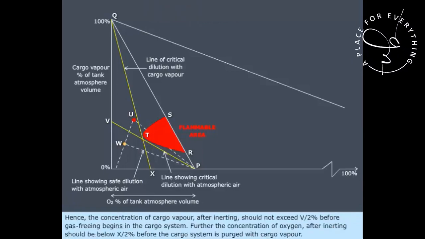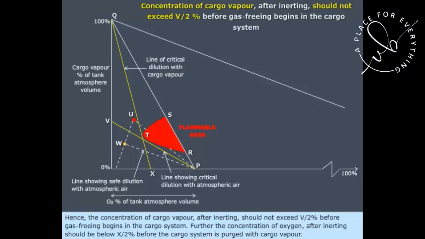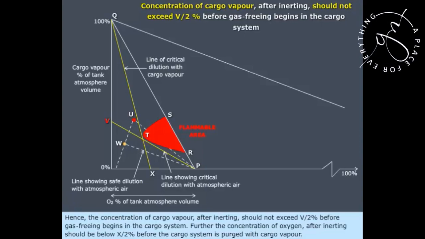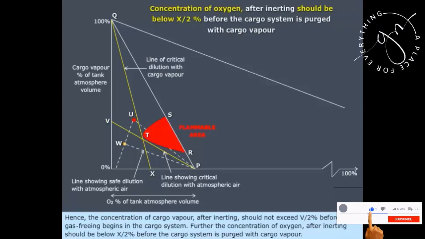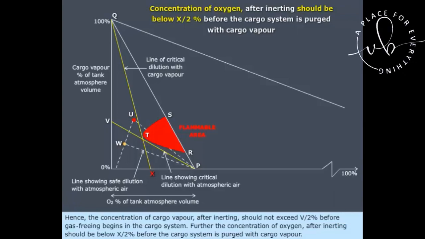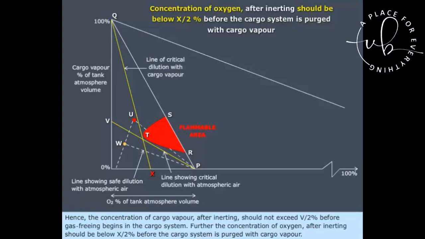Hence, the concentration of cargo vapor, after inerting, should not exceed V divided by 2% before gas freeing begins in the cargo system. Further, the concentration of oxygen after inerting should be below X divided by 2% before the cargo system is purged with cargo vapor.